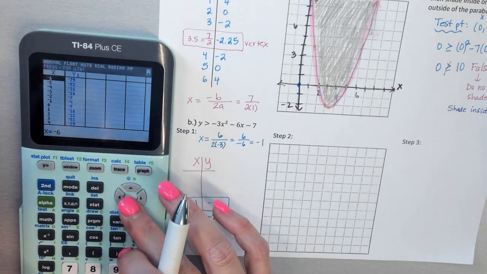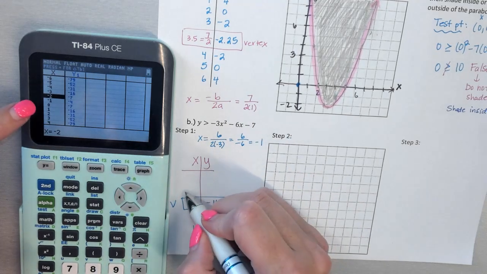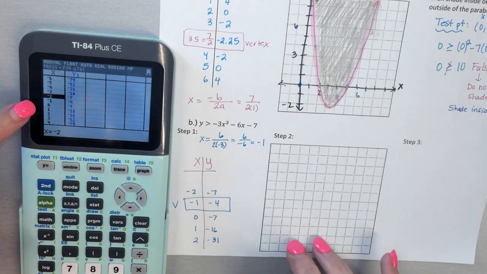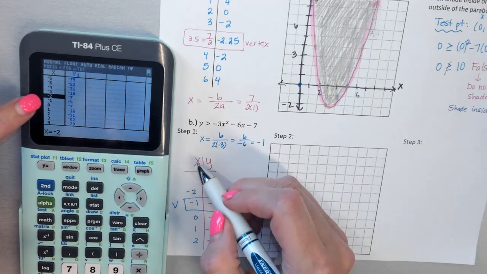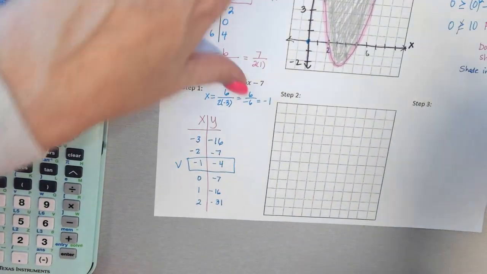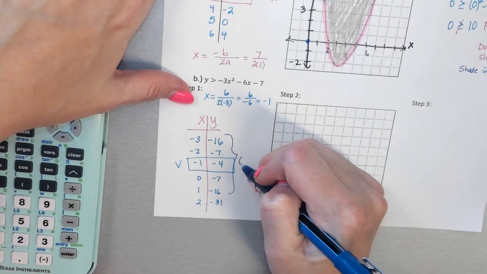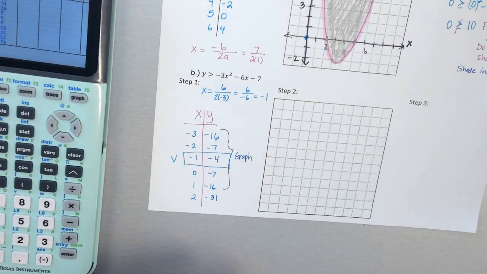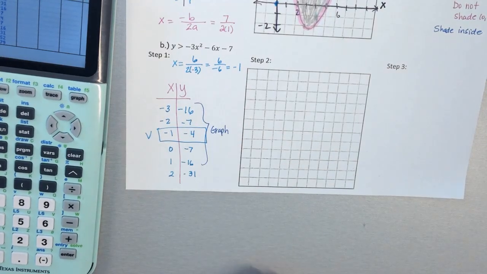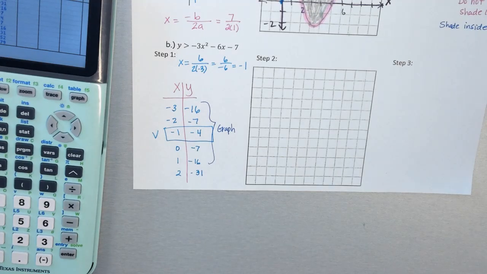You could include that on your graph if you were doing it on graph paper, but based on this limited piece of graph paper I have here, let's just go ahead and graph until negative 16. You do want at least 5 points, so this is what we'll put on our graph. And we decided to do those 5 points instead of 7 like before, just because this is large.